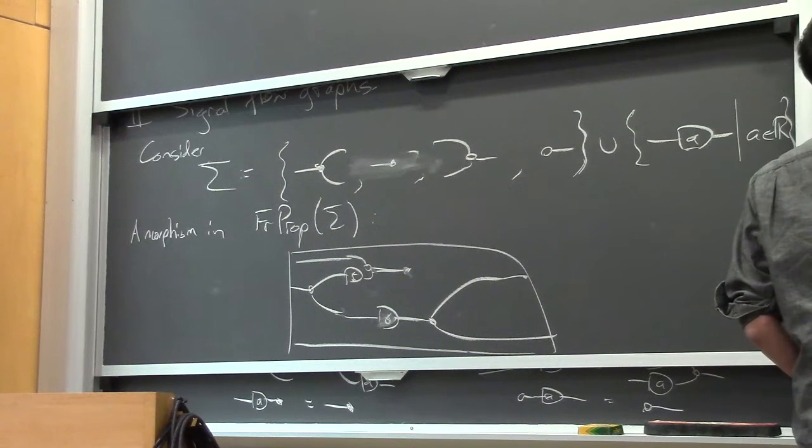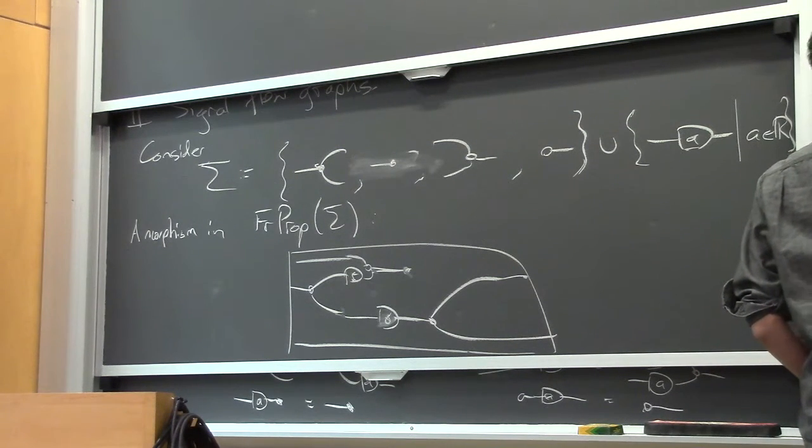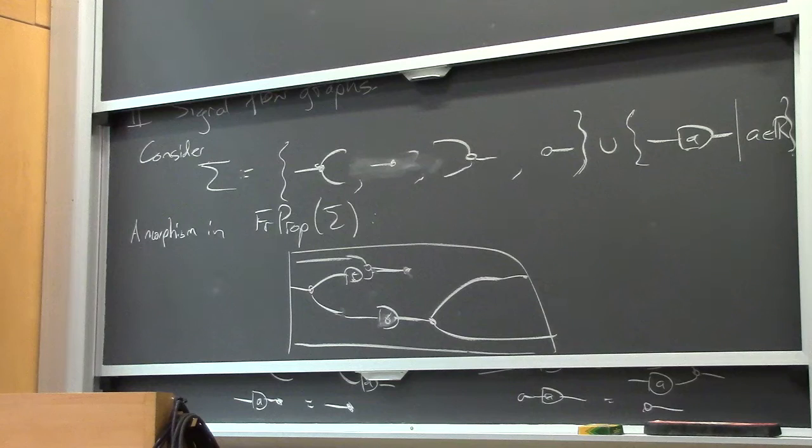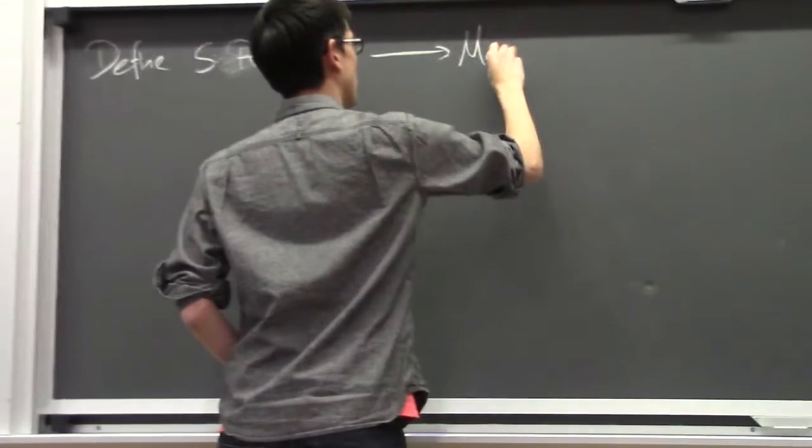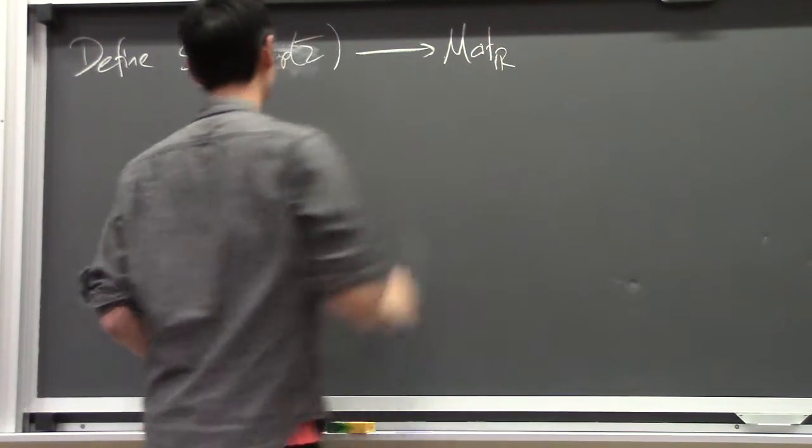So there's this prop functor, which I'm going to call S, from this free prop to matrices in the real numbers.